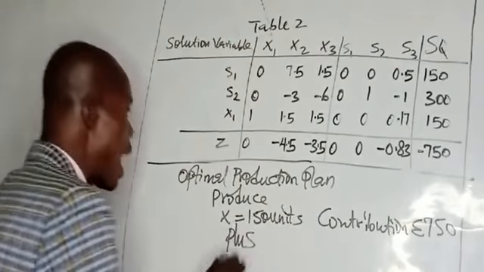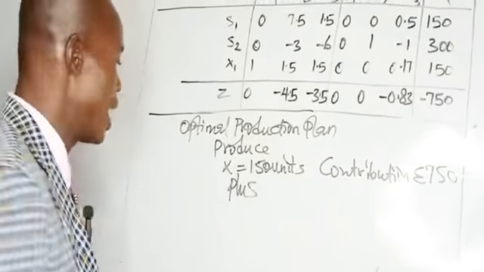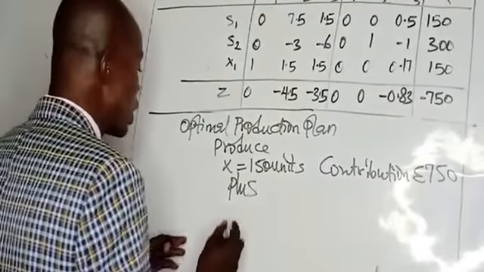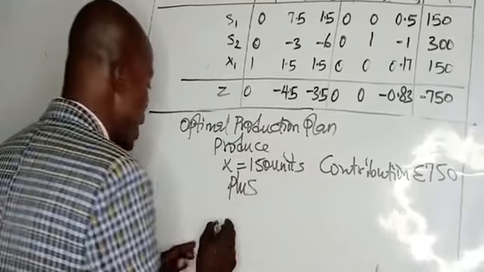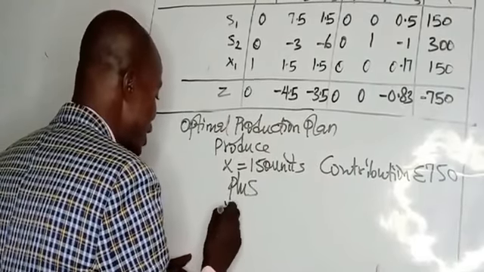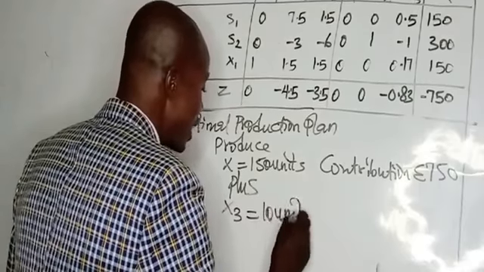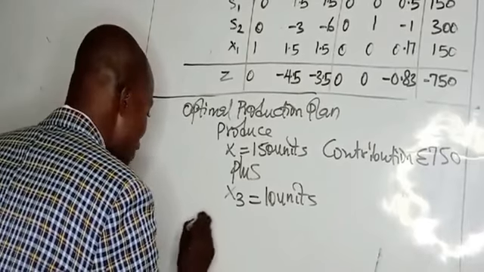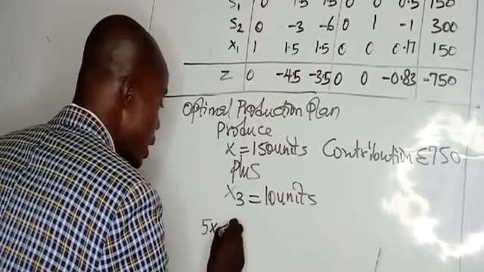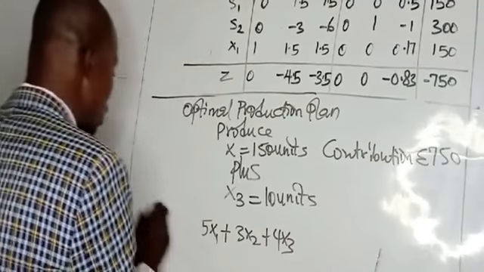Then plus, I've told you you are going to add the units of special constraints. I remember that special constraint we subtracted from the beginning, that is x3. That is to produce 10 units of x3. Remember our objective function was 5x1 plus 3x2 plus 4x3, which we want to maximize.